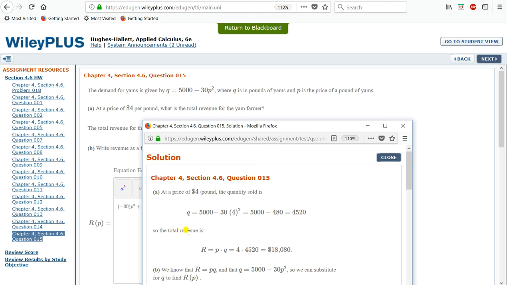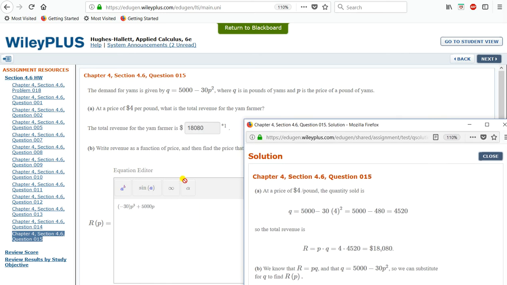The total revenue is what? Revenue is always the price times the quantity. The quantity is this number, the price is $4, so multiply that, you get $18,080. That's for part A.